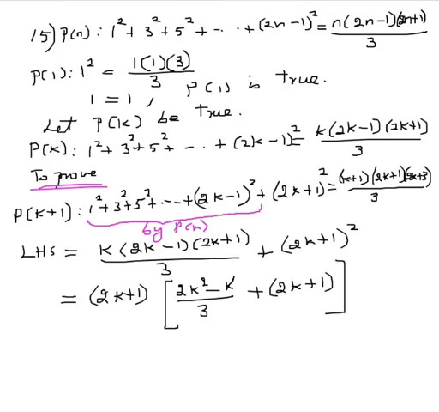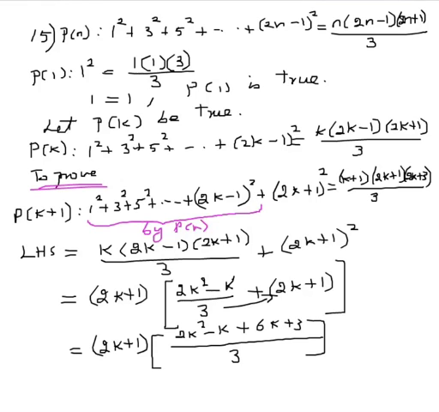Because we have (2k plus 1) the whole square, one of the factors we took it out, the other factor remains. 2k plus 1, take LCM 3, it is 2k square minus k, we have to multiply by 3, 6k plus 3. 2k plus 1, minus k plus 6k.